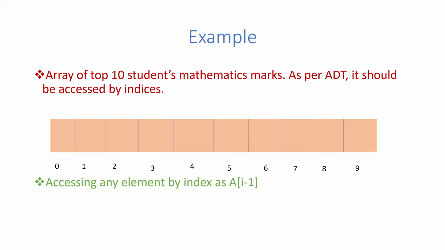To access the marks of the fifth student, what would you write? A[4]. So I hope now the point of accessing an element by index is clear. Both points: it should be an ordered collection, which means it should maintain the insertion order, and second, it should be accessible by the index.